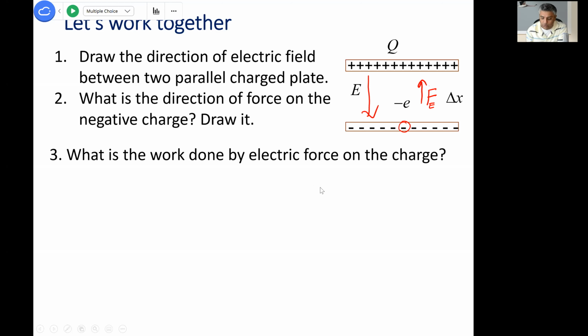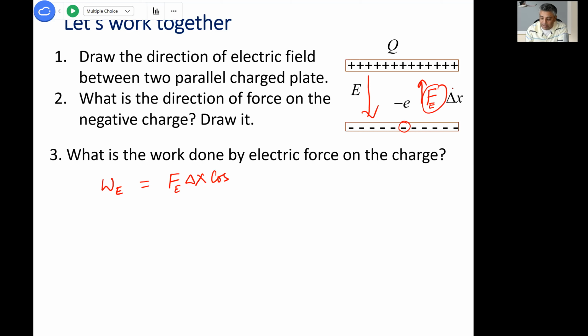So now, what is the work done by electric force on the charge? How do we calculate that? Work done by electric force. What is the definition of work done? Force, in this case electric force, so that's the same force here, Fe, times displacement, which I'm writing as delta x, and cosine of the angle between them.